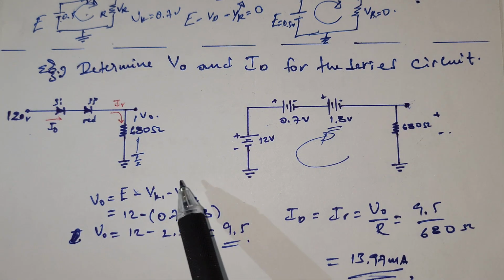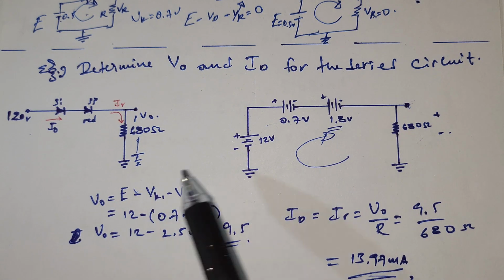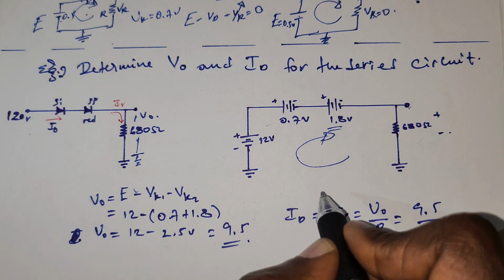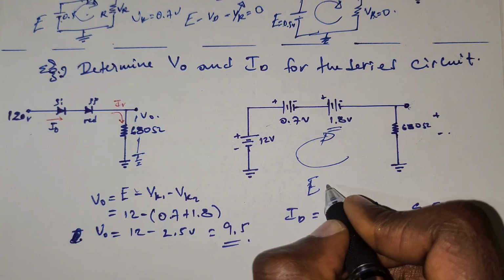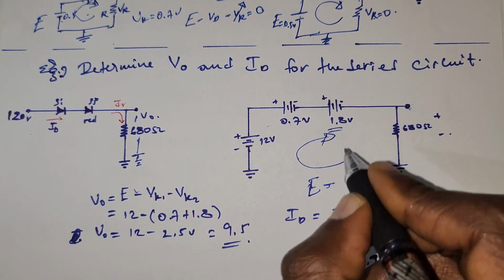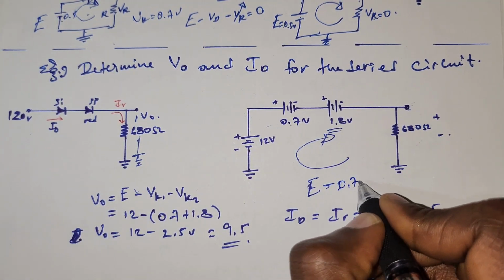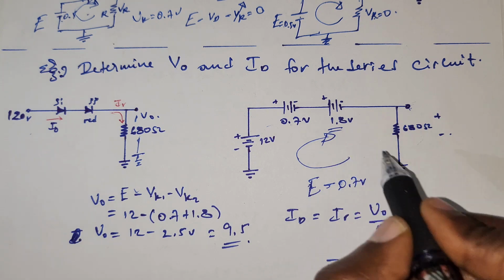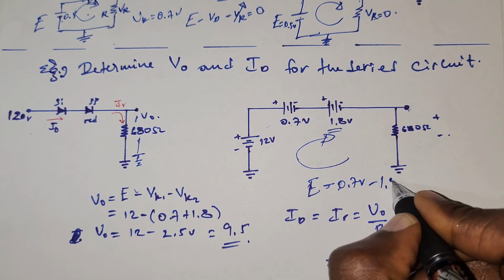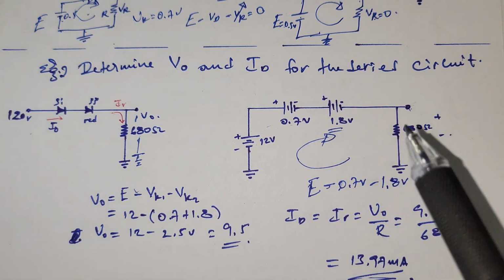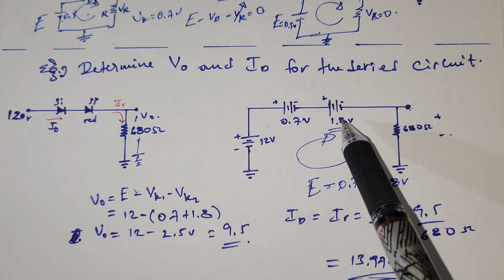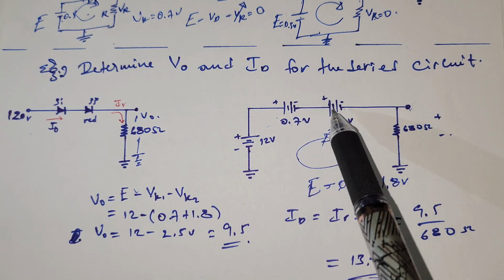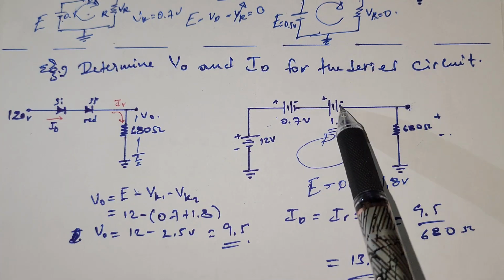So V output is equal to, when we apply KVL, E minus 0.7 volt, E is 12 volt, minus 1.8 volt. Just make sure to check the polarities of the diodes.